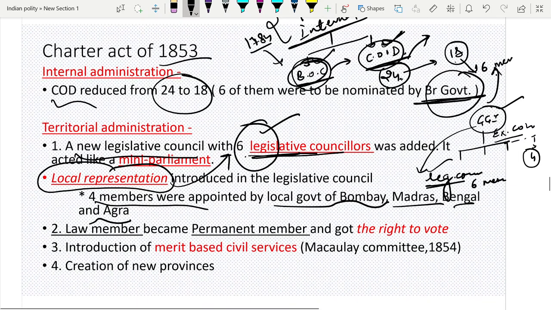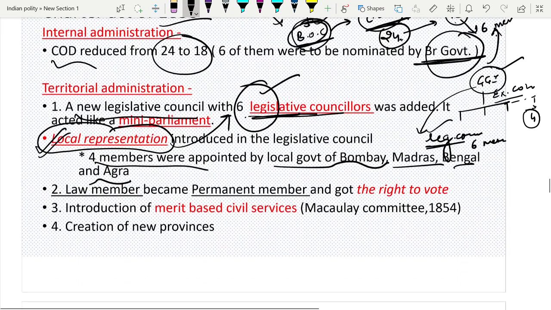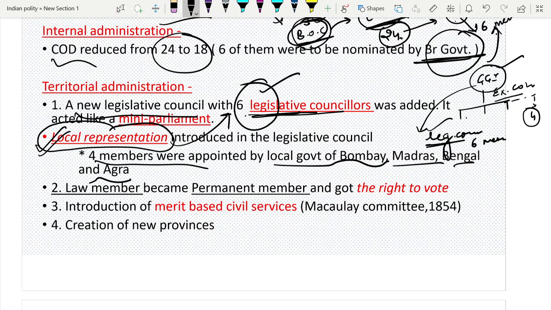This act is known for its local representation also. One more important thing was that the Executive Council had 4 members, but the fourth was not permanent. Here he got the status of a permanent member with the right to vote.